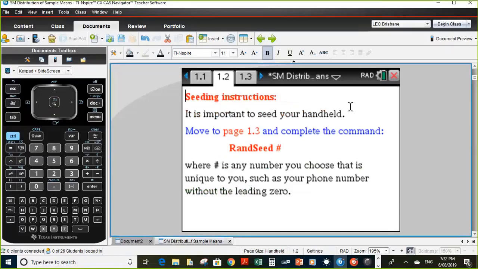Moving to the next page, it's really important, I think, to seed the calculator or the handheld, because what can happen is if at the start of the year you're teaching a class and all the students get their calculators out and they haven't been used before, and say you wanted to generate some random numbers, the handheld or the calculator is on factory settings, and so in effect every single calculator is set the same way.